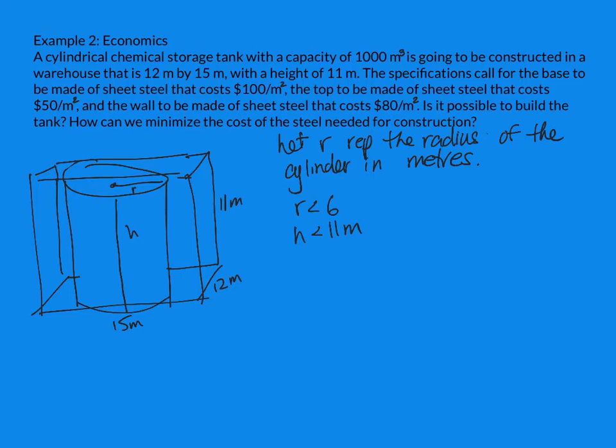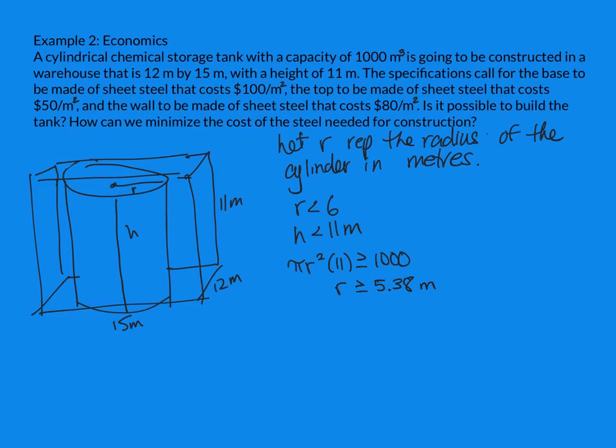And if we allow the height to actually be 11 meters, then we know that the volume will have to look like this because the capacity needs to be a minimum of 1,000. So that will give you that your radius has to be greater than or equal to 5.38 meters. So it does seem like this is possible.